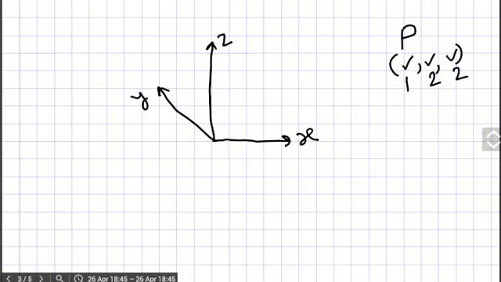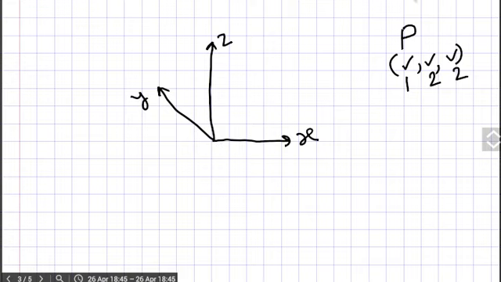Then you go one distance in the x direction, then 2 distance you go in the y direction, I am showing it with red, and then 2 distance you go in the z direction. So this will represent your point P.